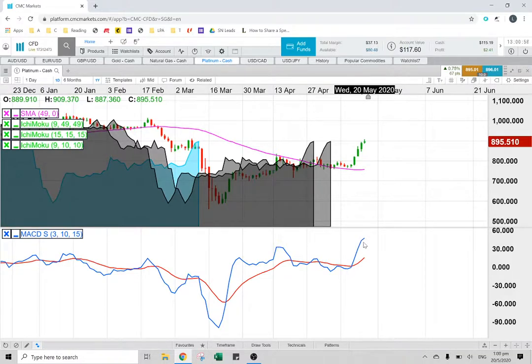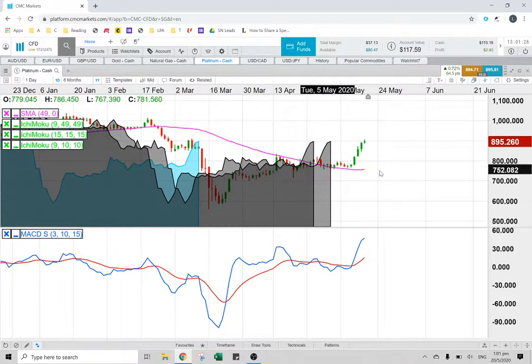So platinum, for now, I would say don't buy yet. Wait till the SL or the blue lines take a pause. If you can see over the past, there were 1, 2, 3, 4 days of up days, followed by 1, 2, 3, 4, 5 days where you can continue to buy.